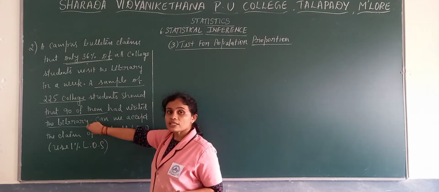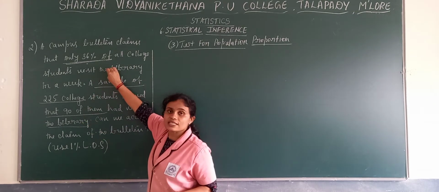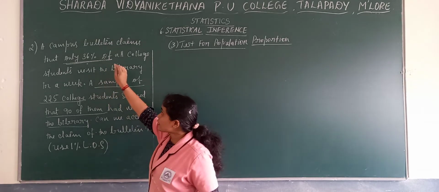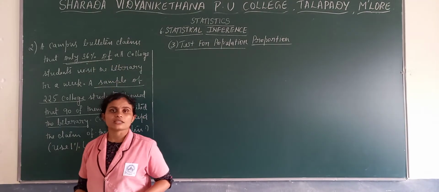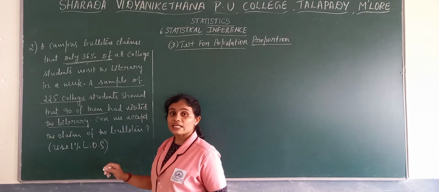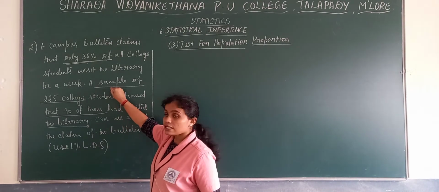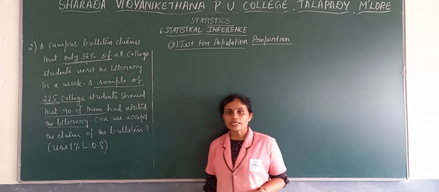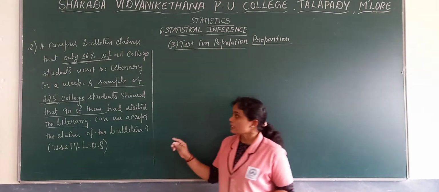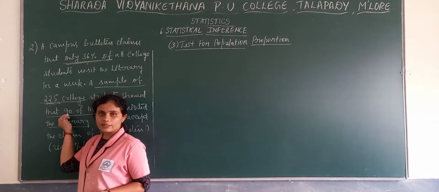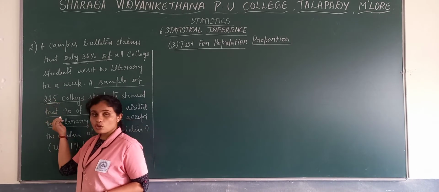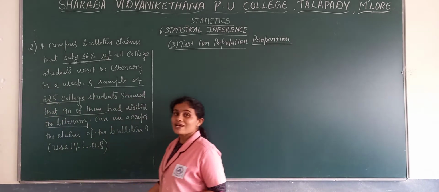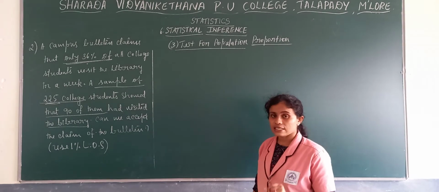So the question is, can we accept this claim or not? But in another sample, when they took a sample of 225 college students, out of 225, 90 of them visited the library.